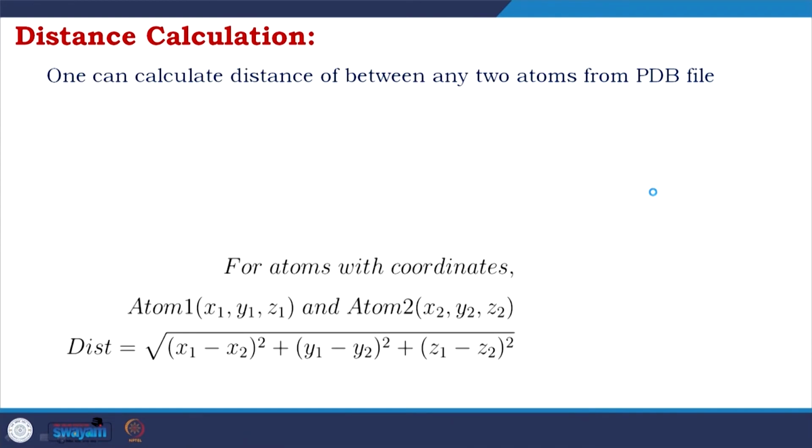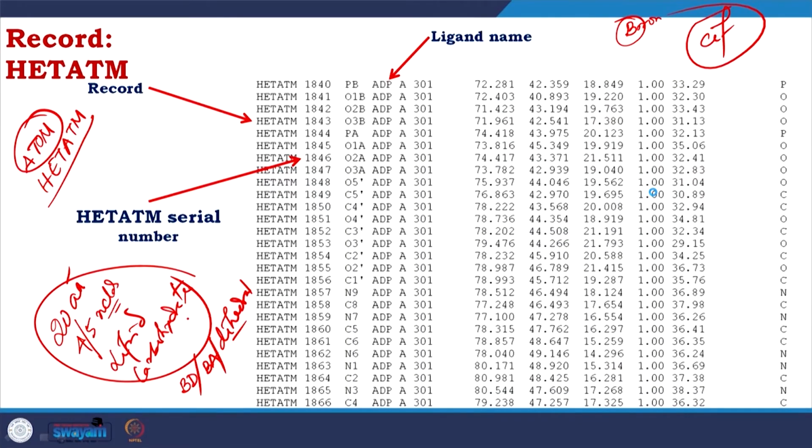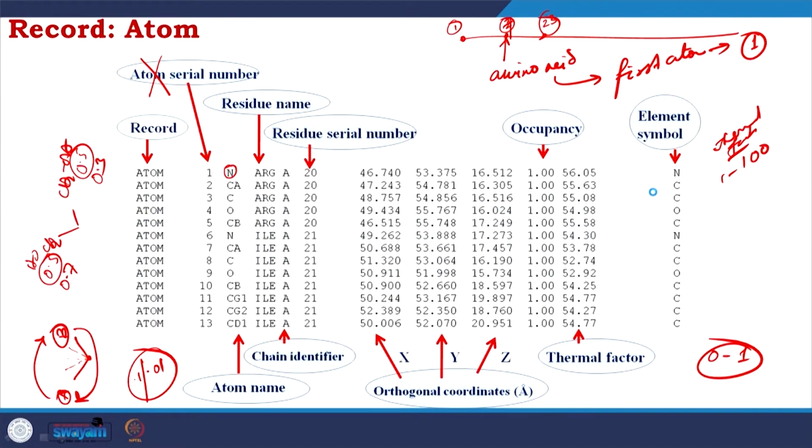So, what would be the potential use of this PDB file? One, distance calculation. One can calculate the distance between two atoms. How? If atom 1 has the coordinates x1, y1, z1, and atom 2 has x2, y2, z2, you will see that here you have x1, y1, z1.